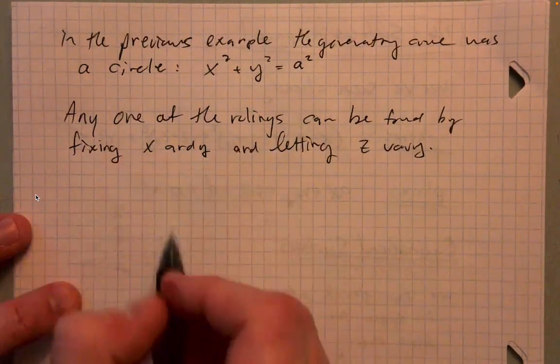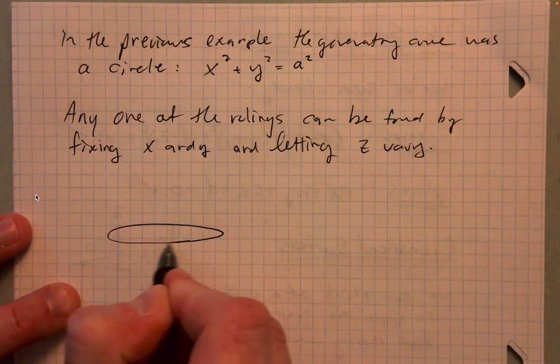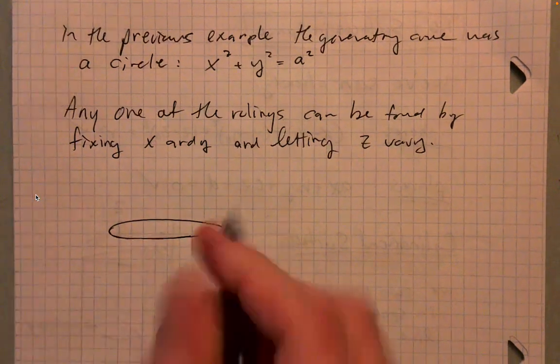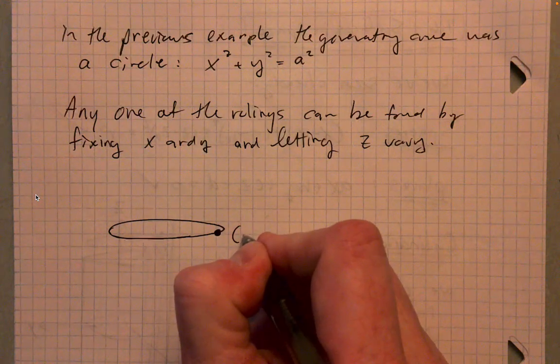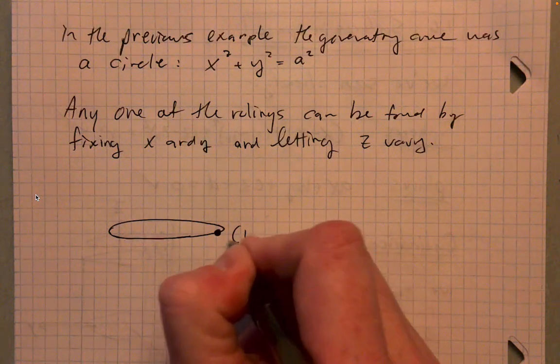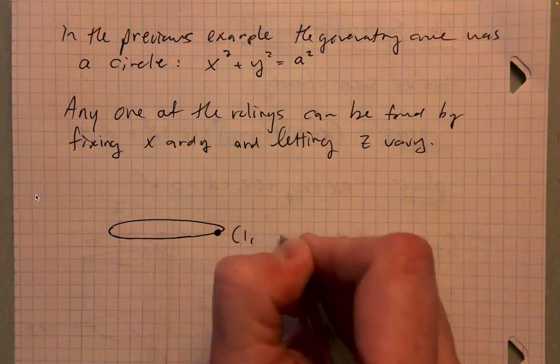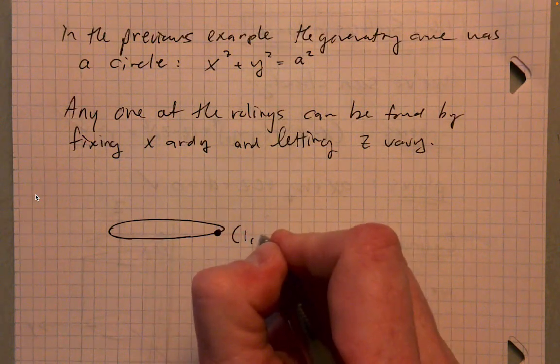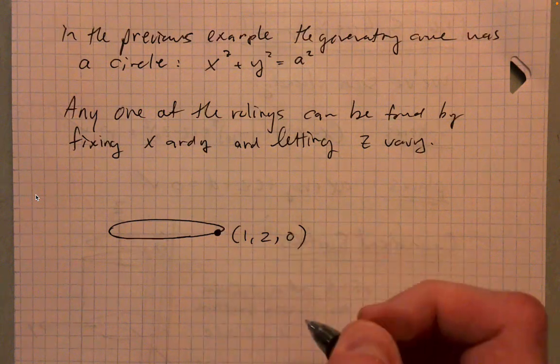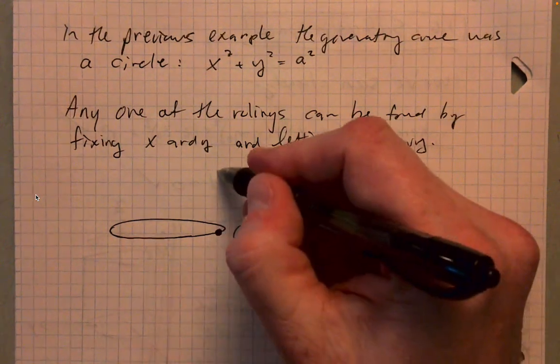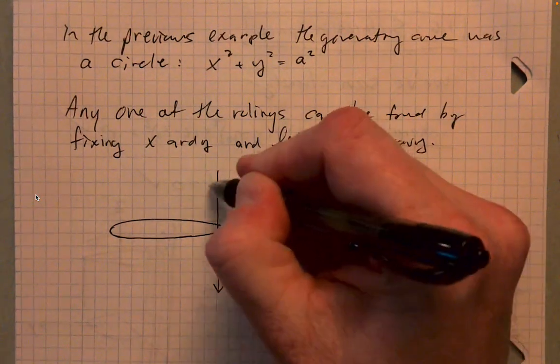So for example, if this is our generating curve here, maybe this point right here is 1, 2, 0, so it's in the xy plane. Then the ruling is just going to be the vertical extension of that point.